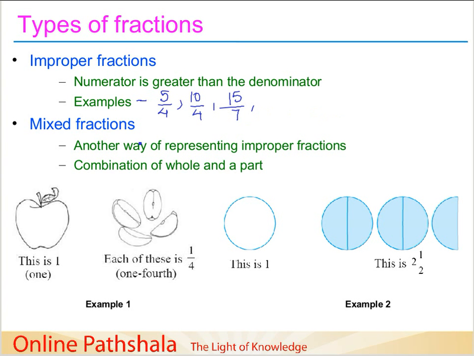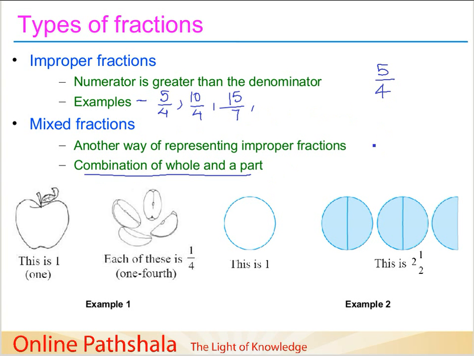Now mixed fraction is what we saw in the other solution that the friend proposed, right? Essentially a mixed fraction is just another way of representing improper fractions, and it is usually represented as a combination of a whole and a part. So for example, in the first solution, the first friend said that we have 5 quarters and each apple is divided into 4 parts.